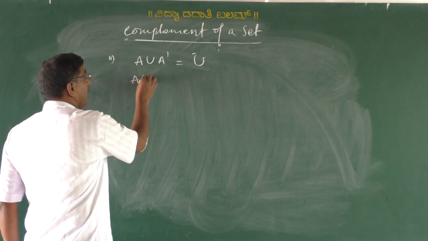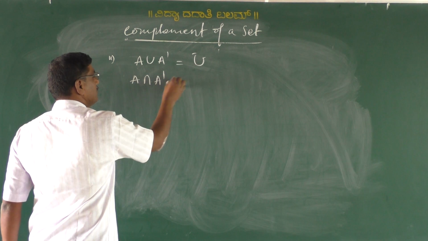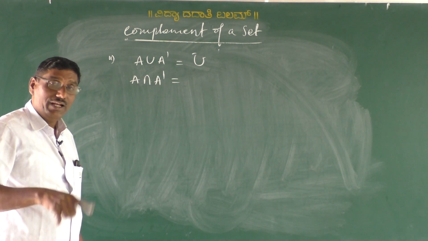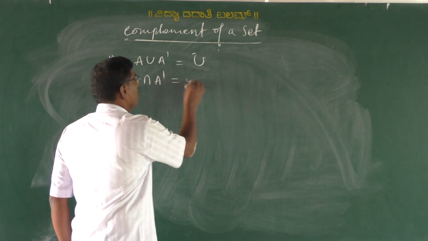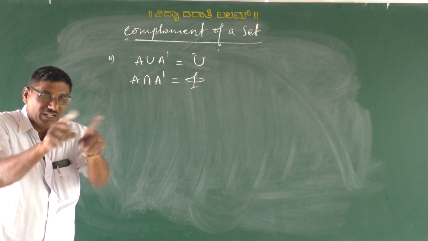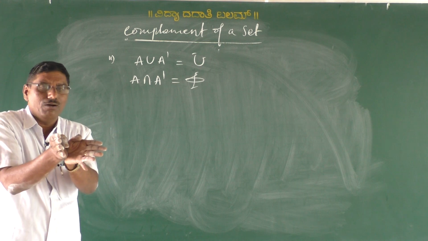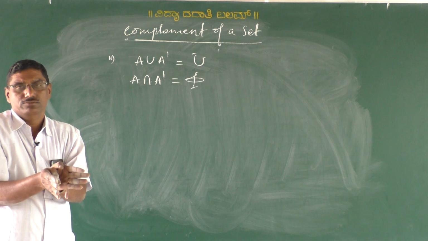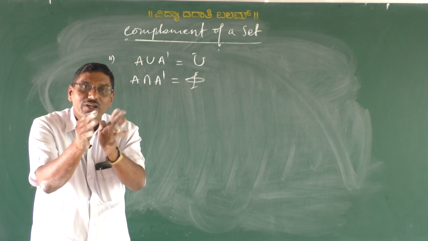Next one, A intersection A dash is always the empty set, that is the null set. That is according to the definition of the complement of a set, isn't it? There are no common elements.